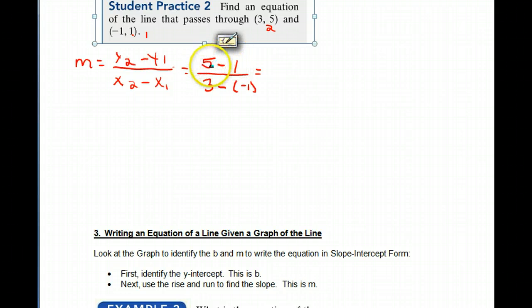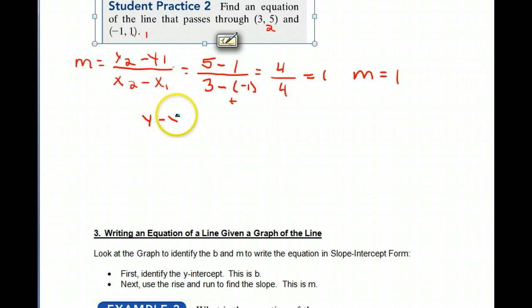We need to simplify. 5 minus 1 makes 4. A double negative is the same thing as a plus, so 3 plus 1 is 4. 4 over 4 becomes 1. That means that this equation had a slope of 1. Next, we will plug this all in to point-slope form, which is y minus y1 equals m times x minus x1.